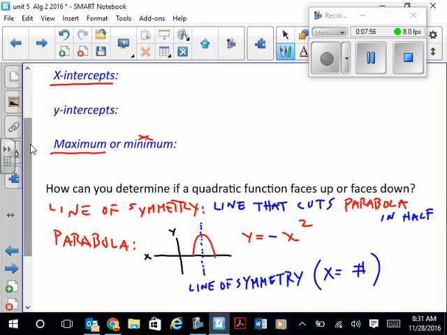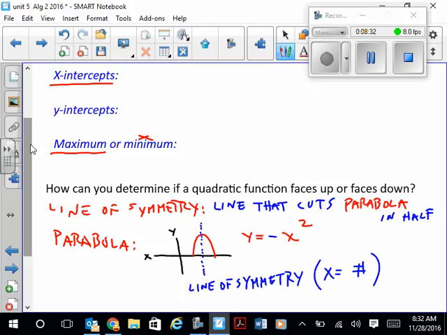But isn't the vertex the highest only if it's like a rainbow? You're correct. It's conditional. The vertex is the highest point or the lowest point.